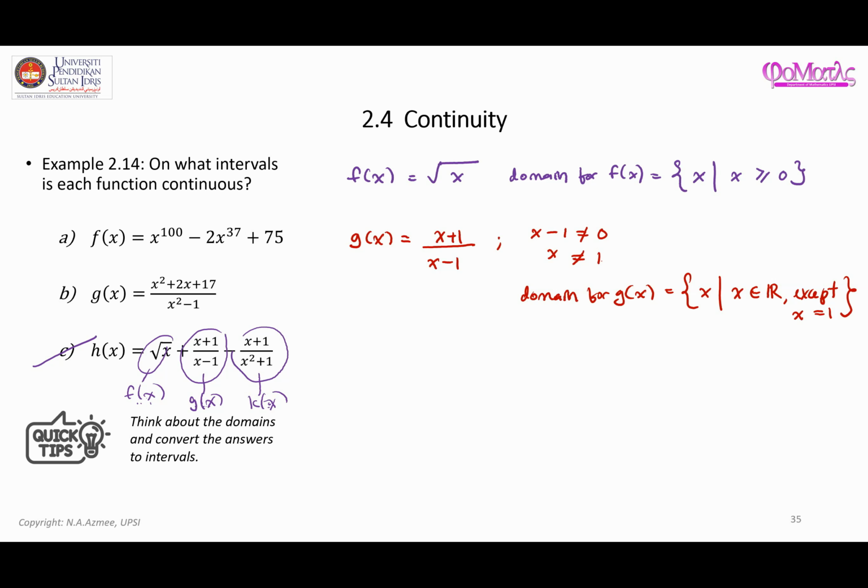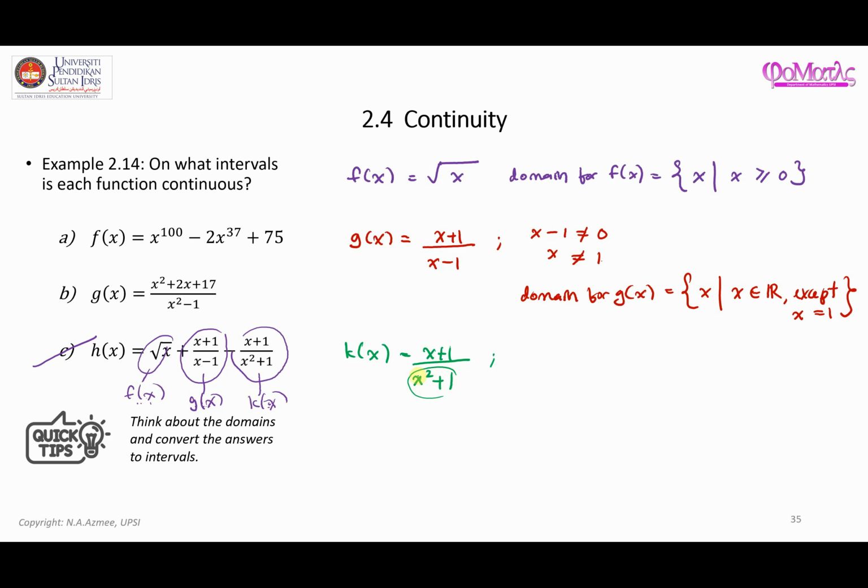Okay, next let's look at function k(x). So k(x) is (x plus 1) over (x squared plus 1). And again, when you have a rational function, you need to pay attention to the denominator. Because we have x squared plus 1, we will have no issue with computation, because there is no way for this value to become 0.